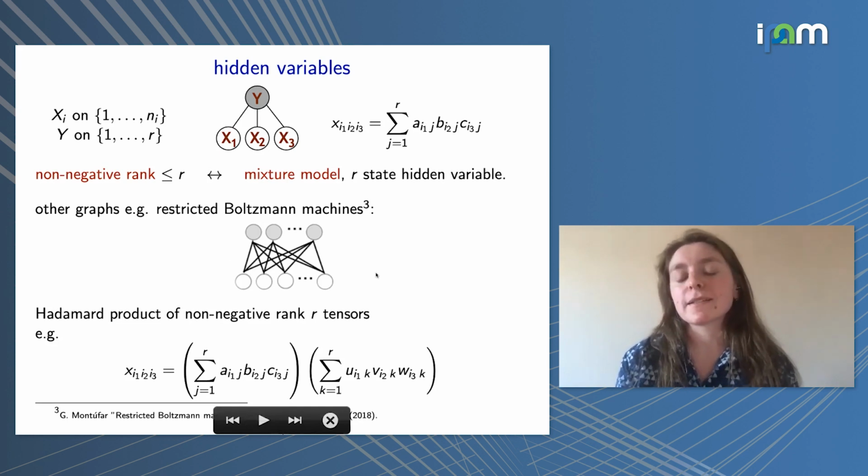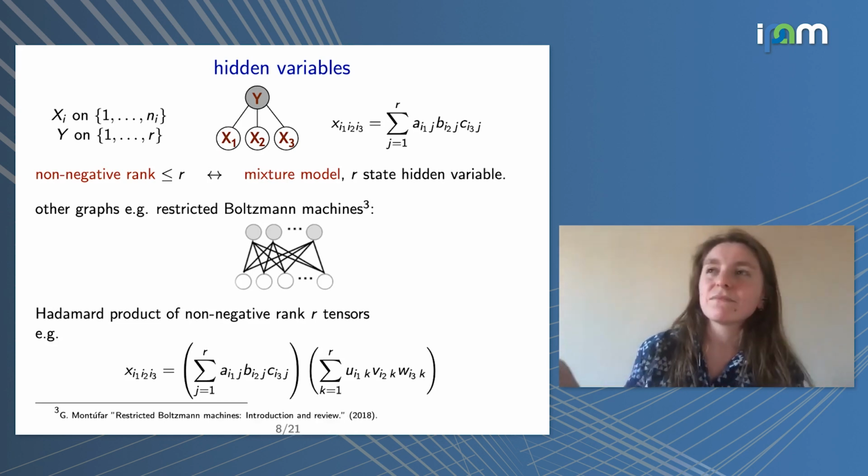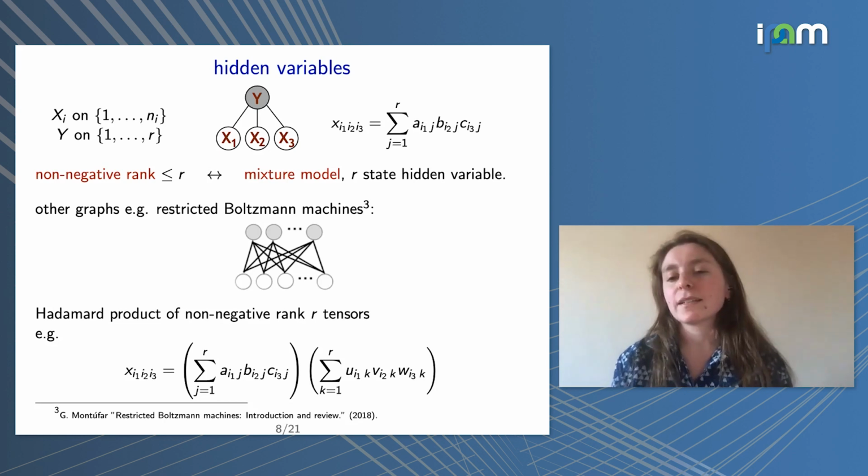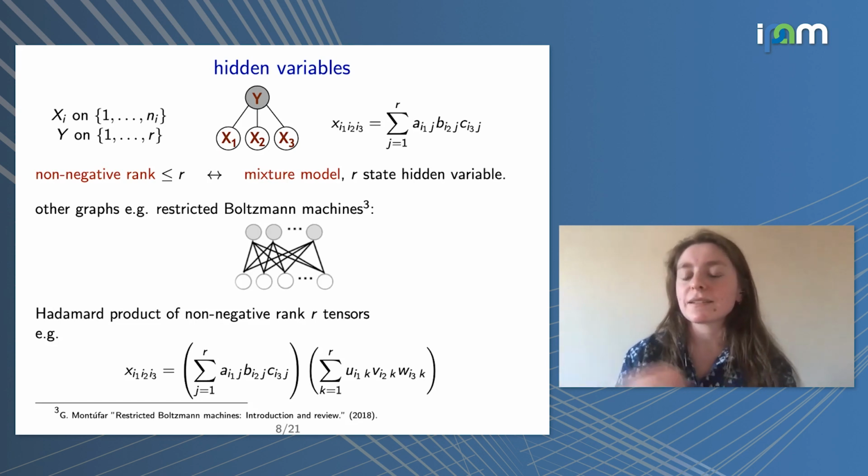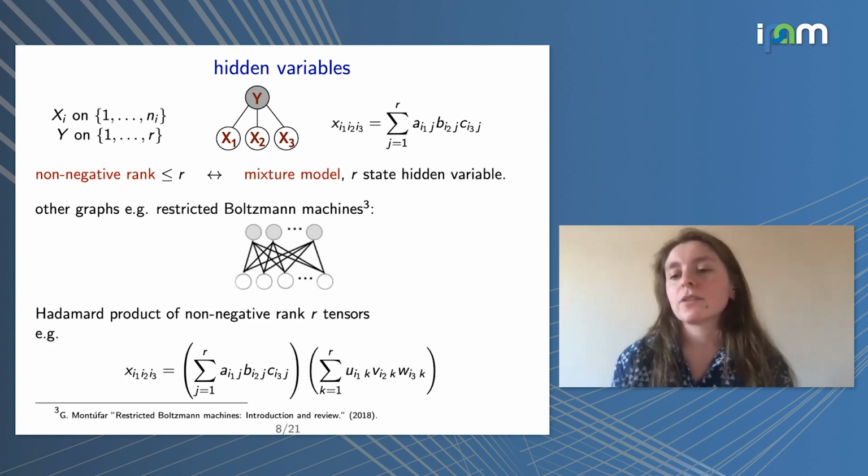That maybe underpins the popularity of using models like this, because if you have hidden variables and they themselves are connected, then it can become more difficult to interpret which of them is responsible for some observations. But in principle, you can do either.